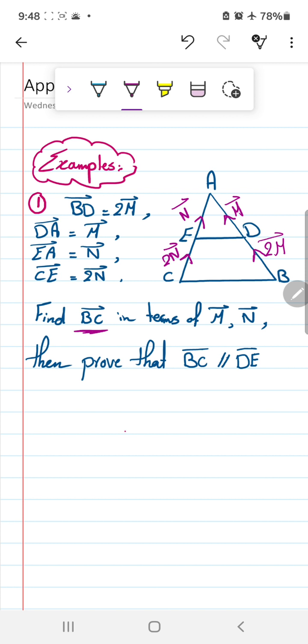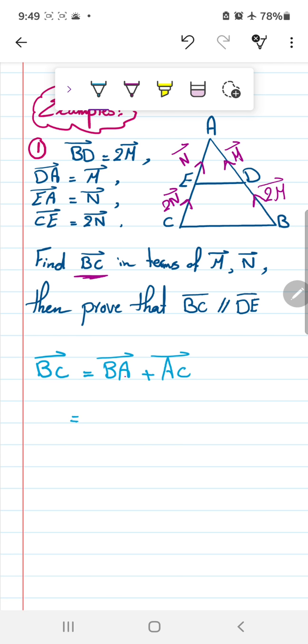First, we want to get BC vector. In the triangle ABC, as we studied in the previous lesson, BC equals what? Equals the vector BA plus vector AC. So here we have BA vector plus AC vector. Okay, BA vector equals what? Here we have this direction, so 2m plus m, it will be 3m vector, plus AC.